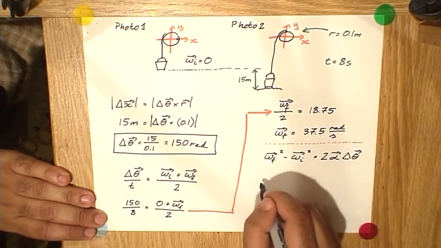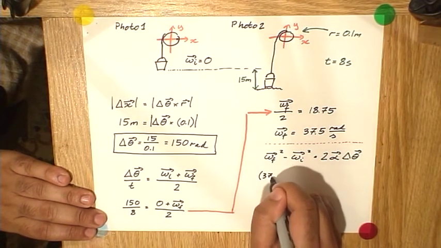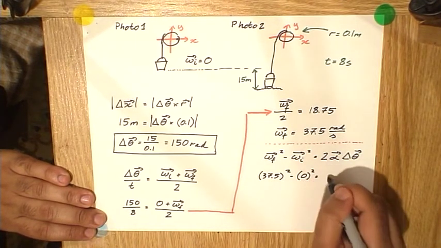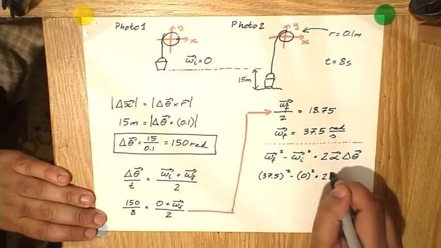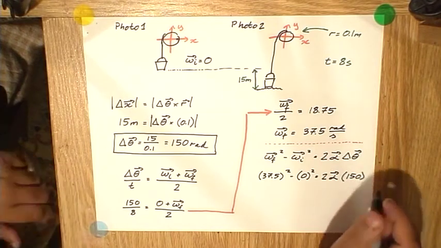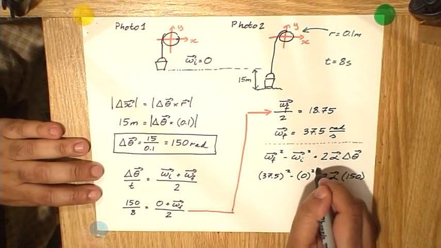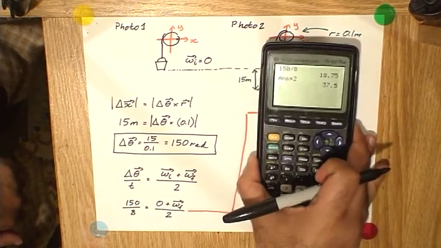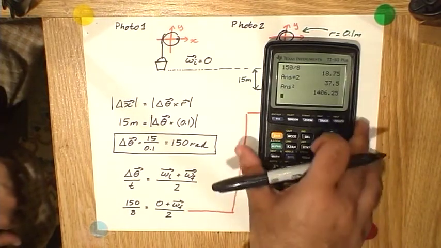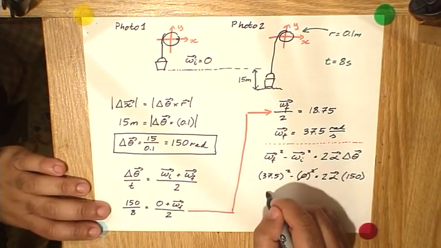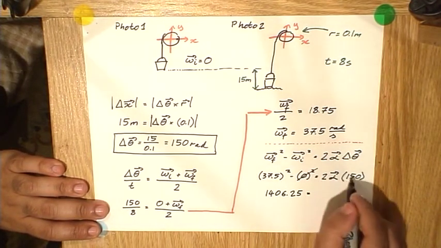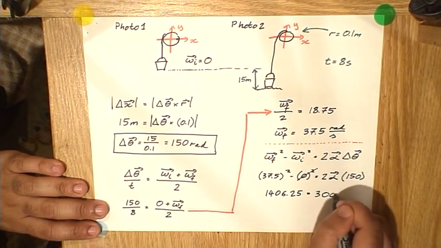So omega final, that's 37.5 squared, minus omega initial, 0 squared, equals 2 times the angular acceleration, which is unknown, times delta theta, which is 150. 0 squared obviously is 0. 37.5 squared is 1406.25. 1406.25 is equal to 2 times 150, which is 300, times alpha.